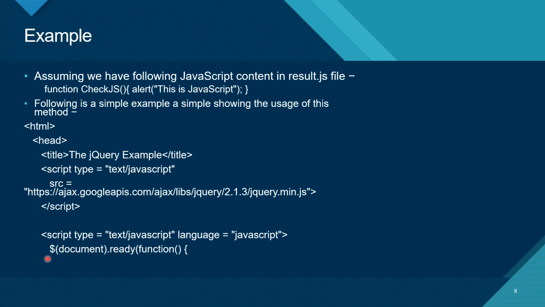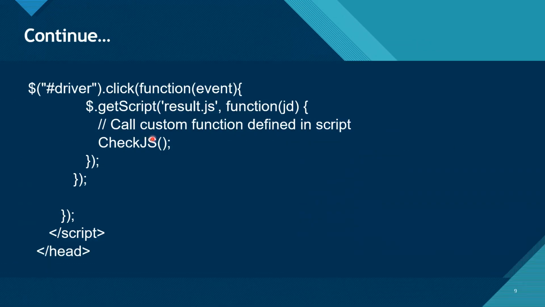In this tag is the basic syntax of jQuery, in which $(document).ready function, and here we will access the button with id driver, and on click an event will be generated which will call our method $.getScript with the URL result.js, and it will start this function.